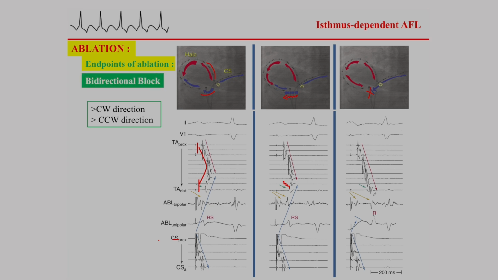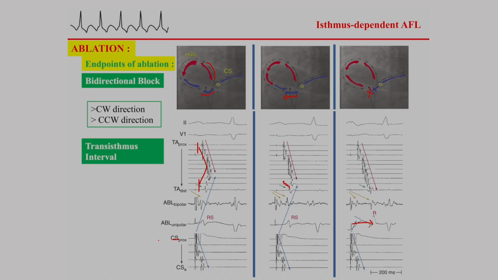So this maneuver could be done also from the lateral wall, and during this maneuver we measure the trans-isthmus interval, which is a misnomer that reflects right atrial conduction time after CTI block.